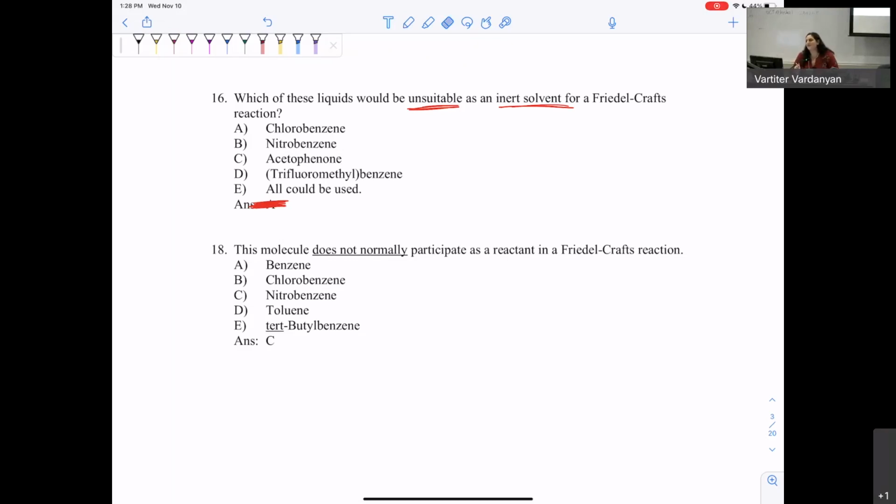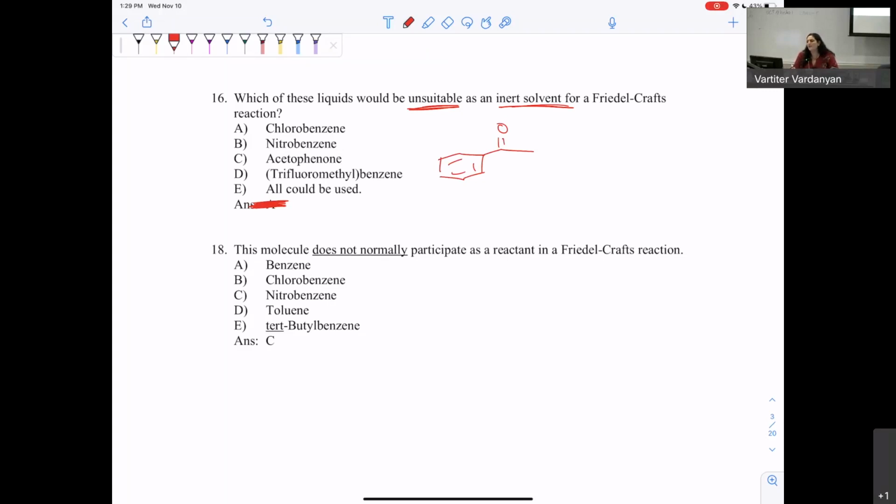If we look at the other ones, nitrobenzene has an NO2. Acetophenone, what's that? Close. Ketone, because it has the C=O. So acetophenone would look like that, and that's a strong deactivator.